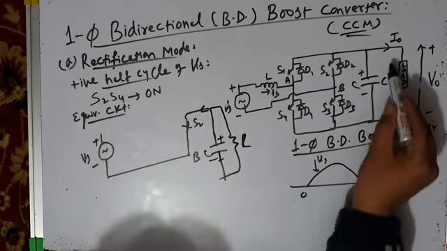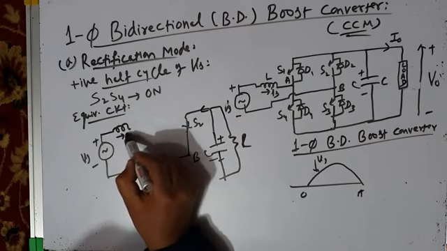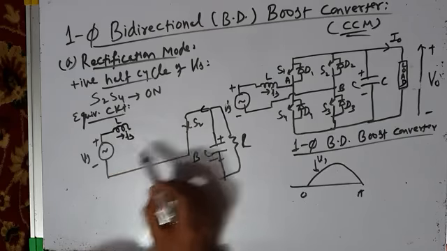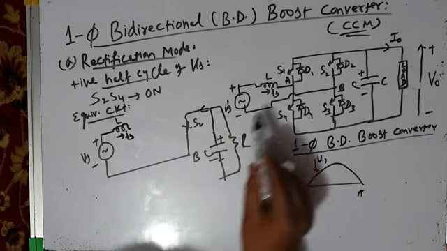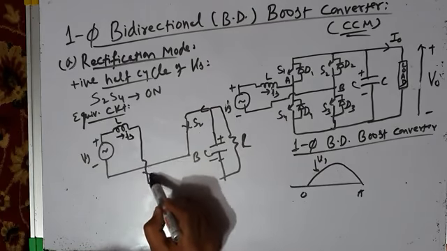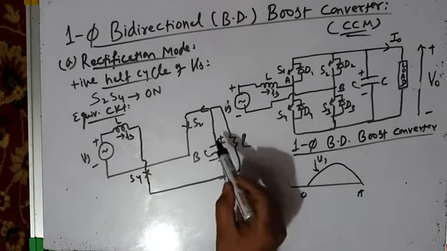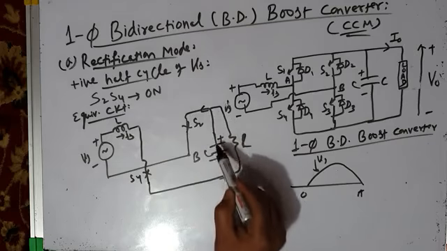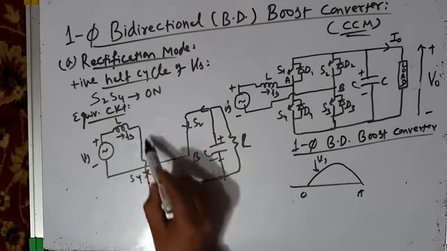Then the source current will flow through the boost inductor like this, and then it will flow through S4 back to source. S4 will also conduct and go back to source. So I repeat, current will flow, I mean capacitor will discharge slightly like this.